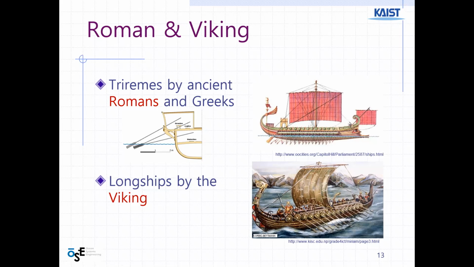They should be fighting ships, navy ships. They should be faster, and navigation should also be very easy. So how can you design this? Also making them using wood needed technology there.